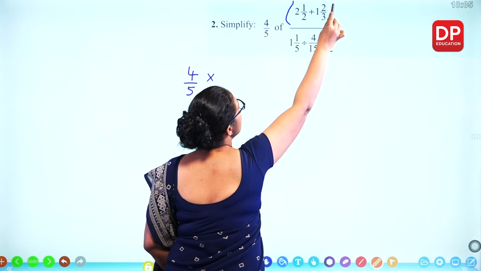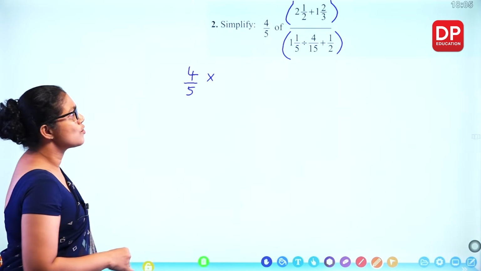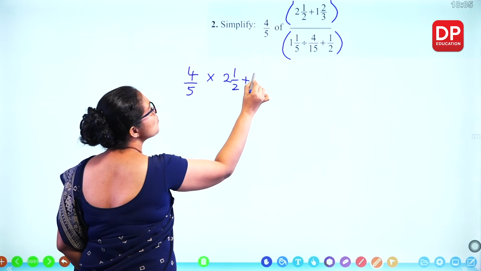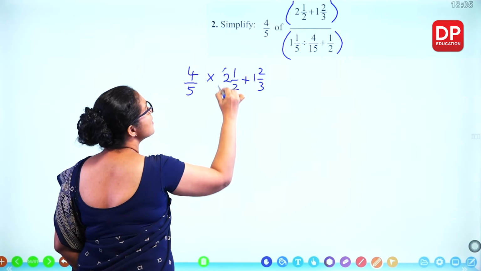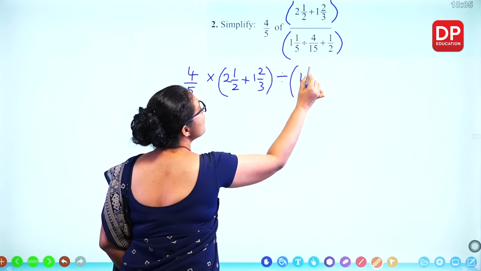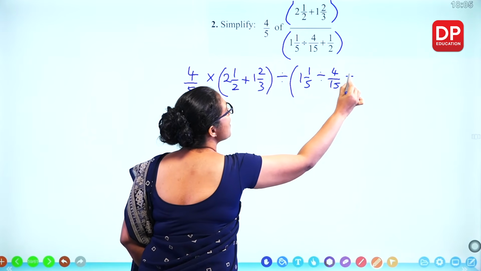So here brackets are not given, but we know we can include brackets. So I can rewrite this as 2.5 plus 1 2/3 divided by 1/5 divided by 4 over 15 plus half.